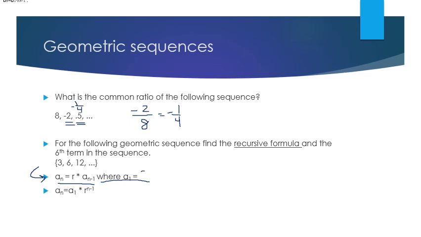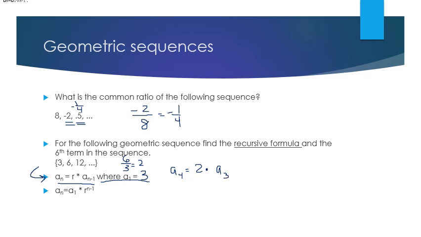We know that our first term here is 3, so we can rewrite this equation as a sub, let's say that we're looking for 4, equals the rate, and I didn't do the rate yet, so let's take our 6 and divide by 3, and that gives us the number 2 for our common ratio. So that equals 2 times the one that came before that, which was A3.